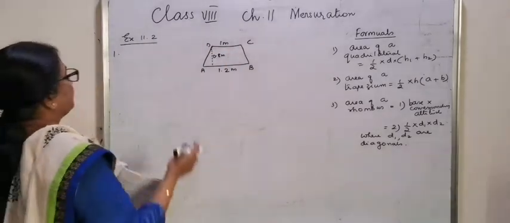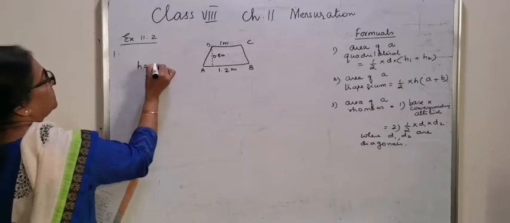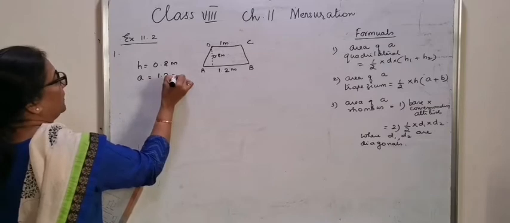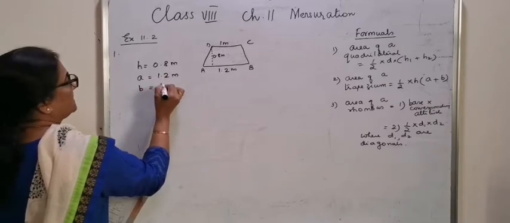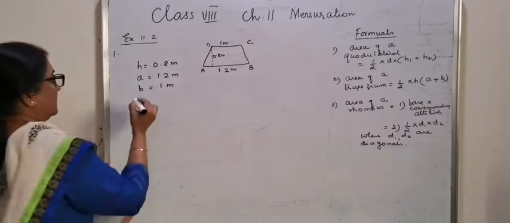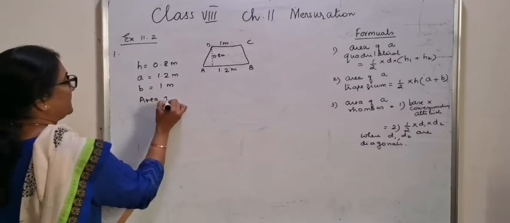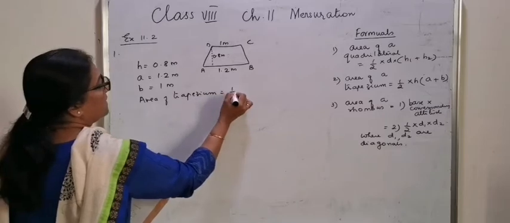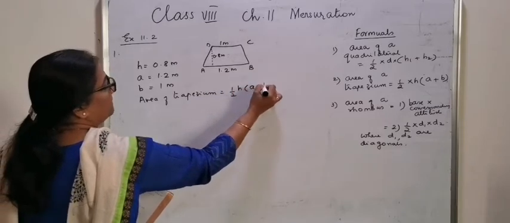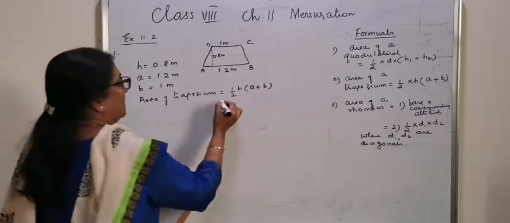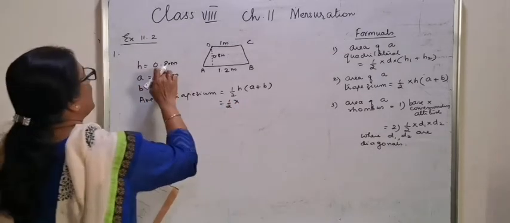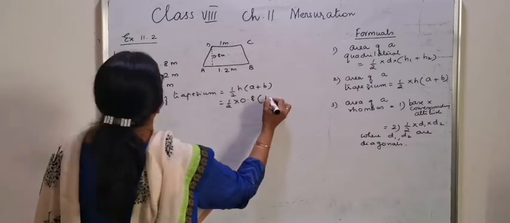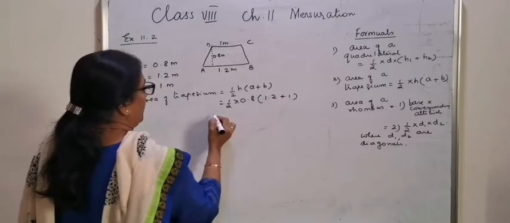Let's name it. Height is equal to 0.8 meter. First parallel side 1.2 meter. Second parallel side 1 meter. Area of trapezium is equal to, the general formula is half h into (a plus b), which is equal to half into height 0.8, into (a plus b), that is 1.2 plus 1.